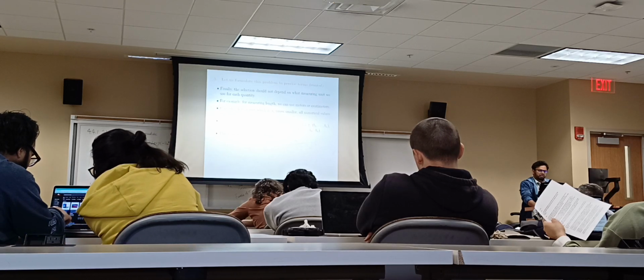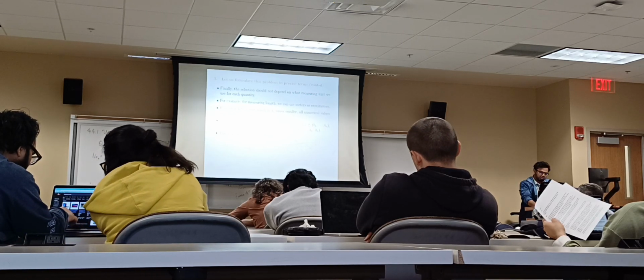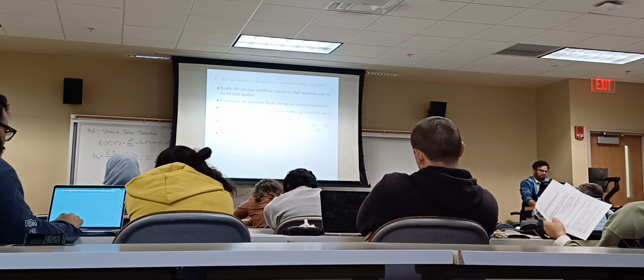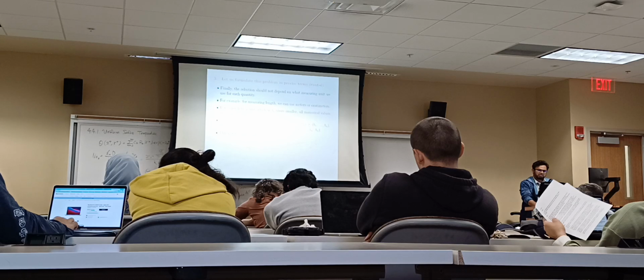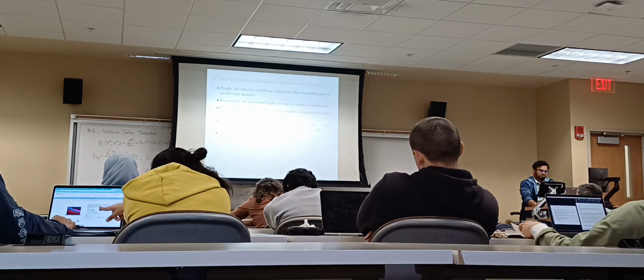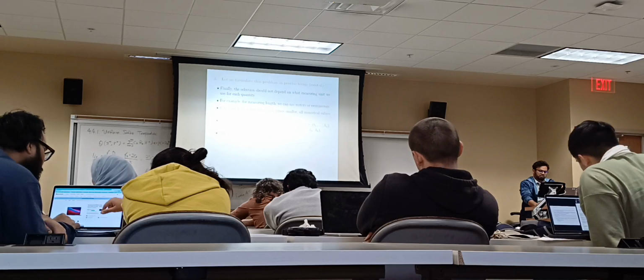Choosing a different unit simply means we multiply by a constant. If instead of meters we use centimeters, we multiply by 100. If instead of inches we use centimeters, we multiply by 2.54.